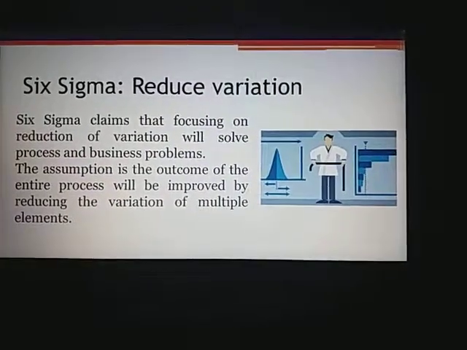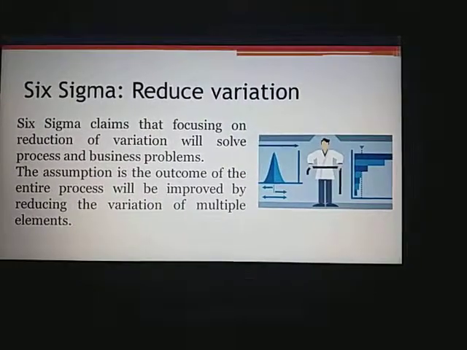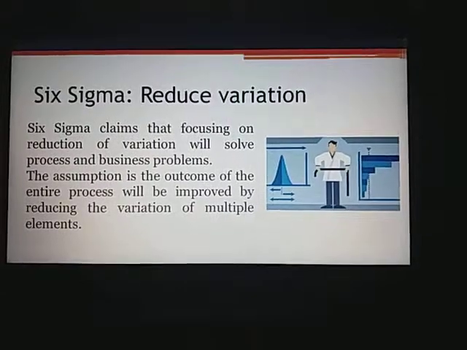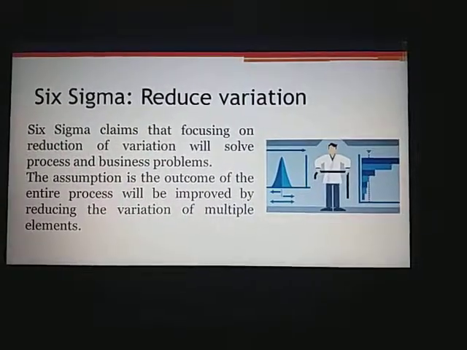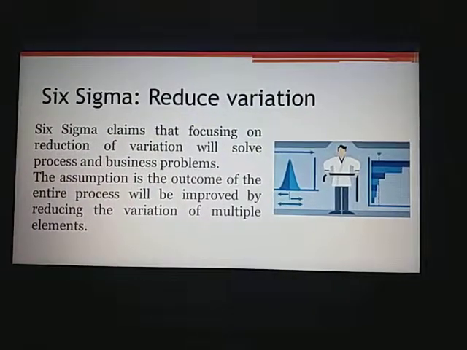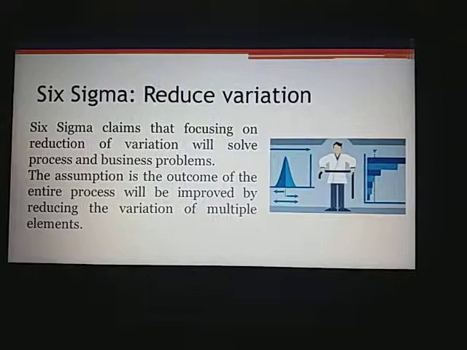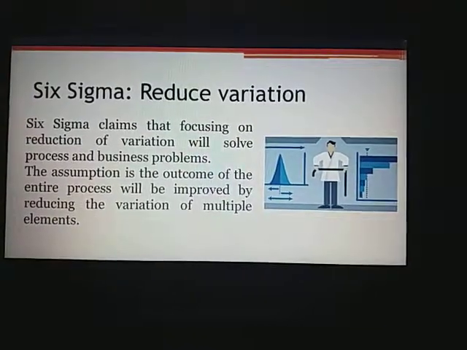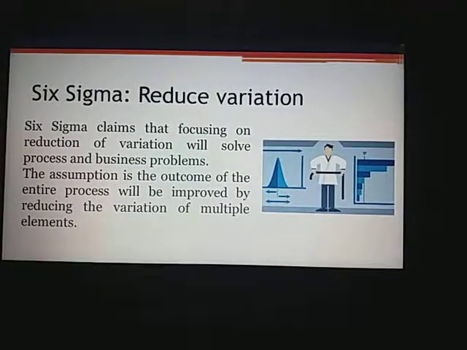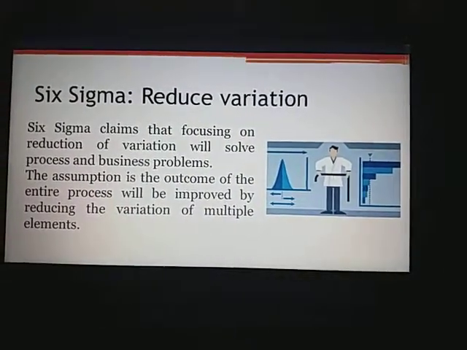If the outcome is not satisfactory, associated tools can be used to further understand the elements influencing that process. Through a rigid and structured investigation methodology, the process elements are more completely understood. The assumption is the outcome of the entire process will be improved by reducing the variation of multiple elements.